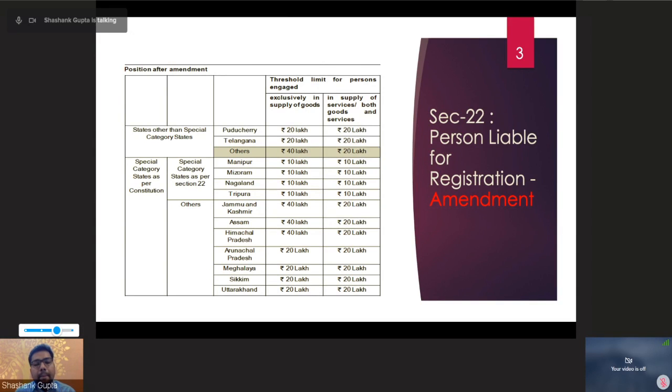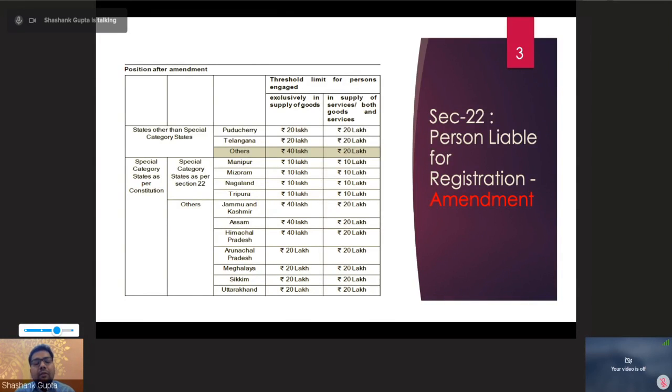Now here, the same principle applies as in the case of the composition taxpayer, where one intelligent question was asked by Tabassum, who is part of the audience.